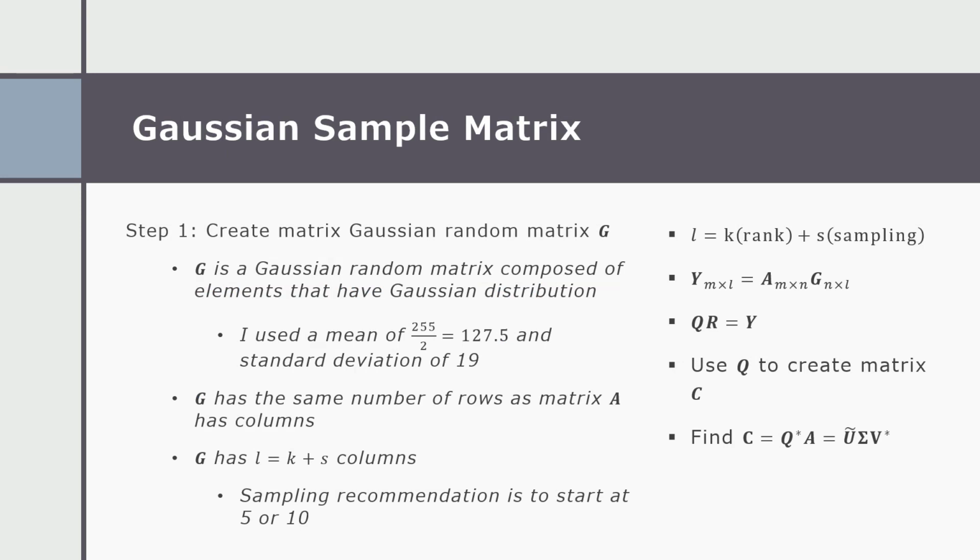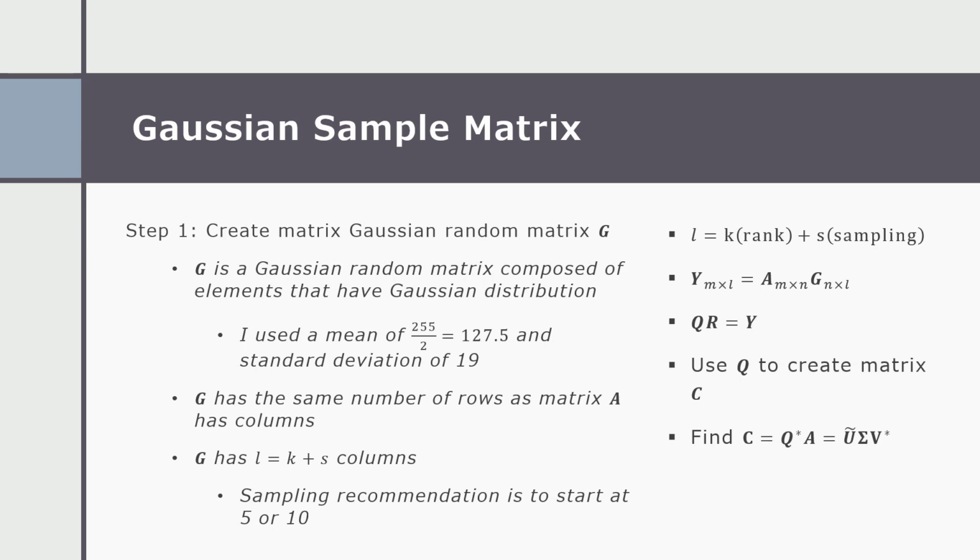Our first step in the Gaussian random matrix method is to create the Gaussian random matrix G. G is an n by L matrix composed of elements of the Gaussian random distribution.